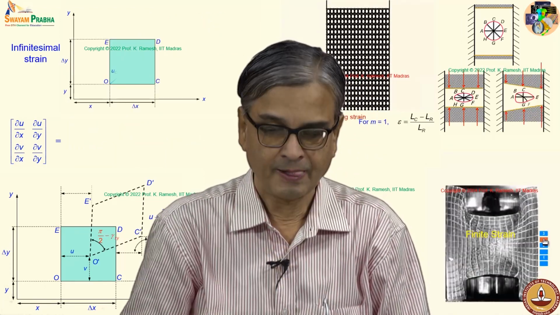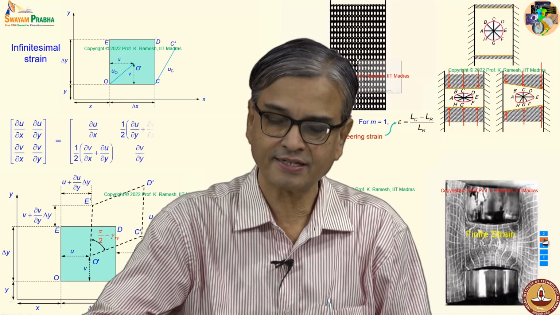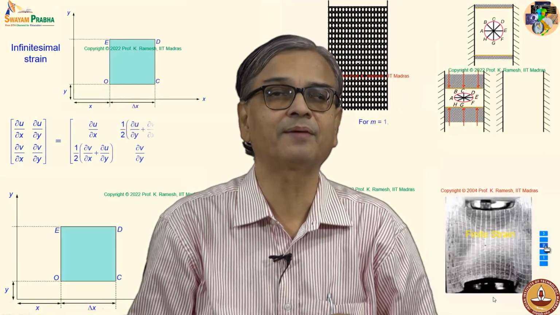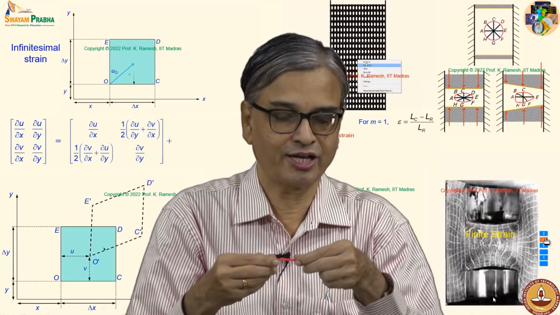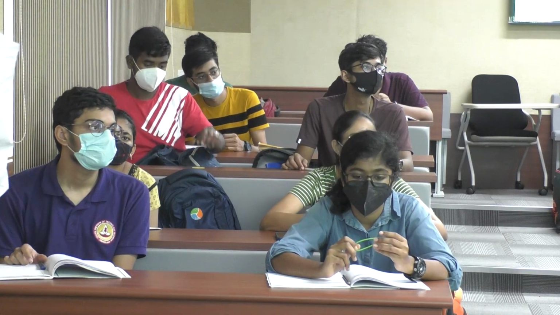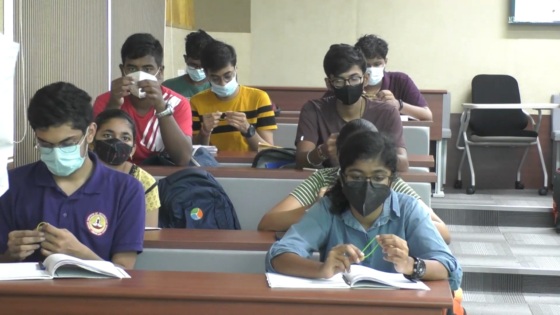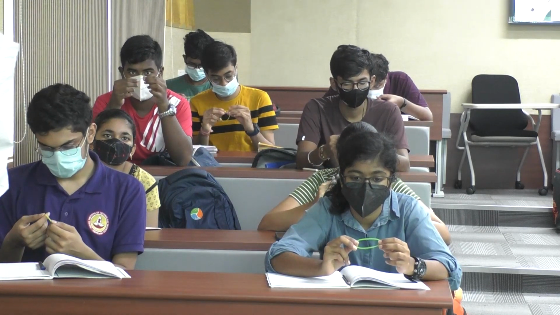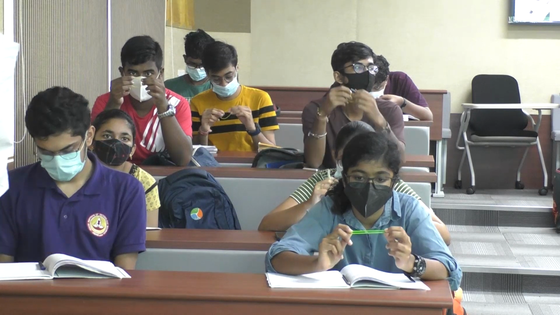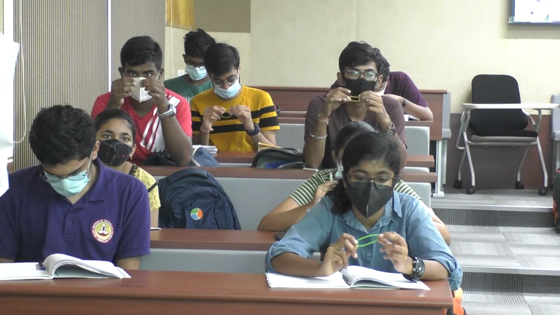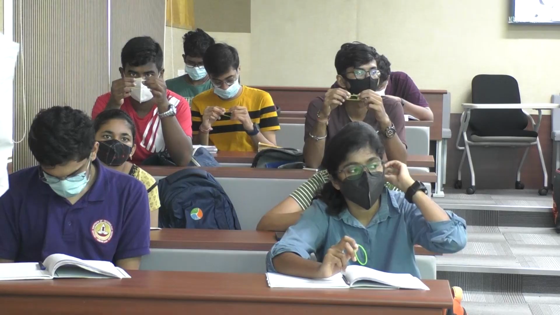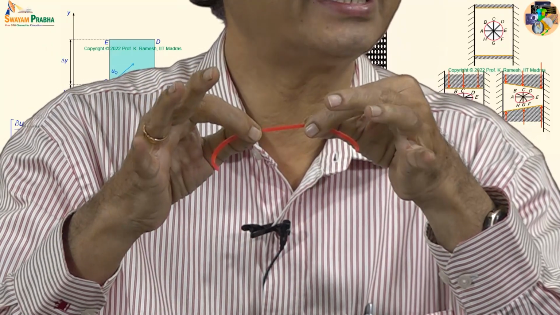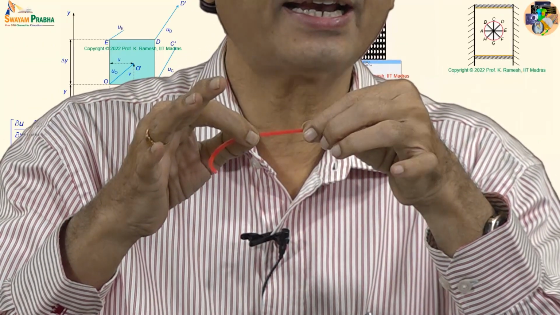What we will do first is, you are all given a rubber band. I would like you to take it, identify a region where you have a uniform cross section, because it's all made in a very crude manner, so there is no consistency in the cross sectional dimension. I would like to hold it and pull it and make observations.